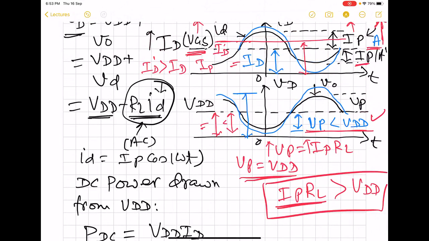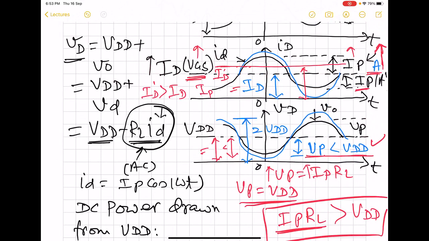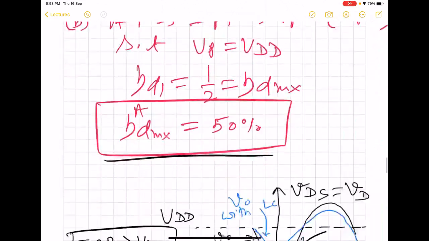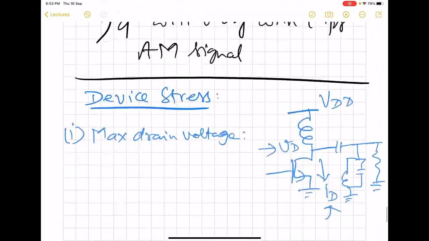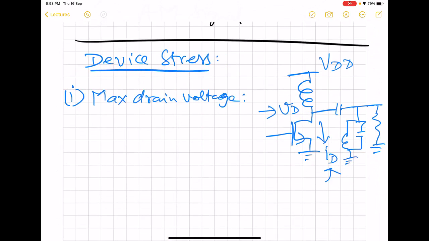So this is going to be the maximum swing experienced by the MOS for the drain voltage. Similarly, if you see the maximum drain current swing, then this is going to be equal to 2ID. So while designing this amplifier, one will have to choose a suitable MOSFET which will be able to tolerate this swing in the voltage and the current.